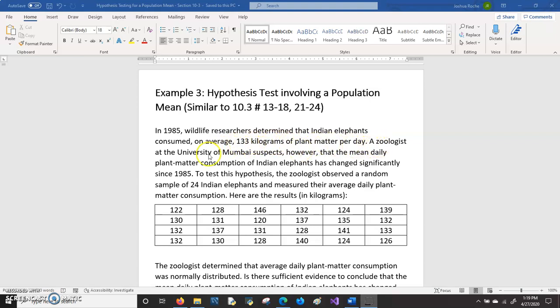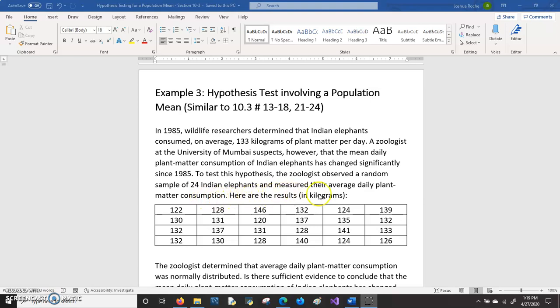A zoologist at the University of Mumbai suspects, however, that the mean daily plant matter consumption of Indian elephants has changed significantly since 1985. To test this hypothesis, the zoologist observed a random sample of 24 Indian elephants and measured their daily plant matter consumption.